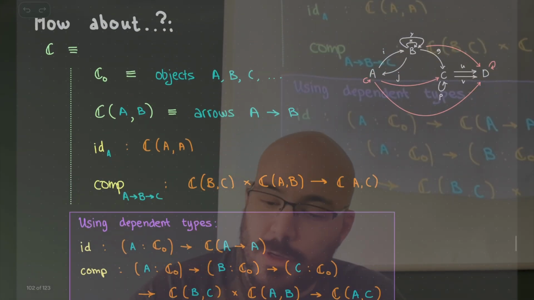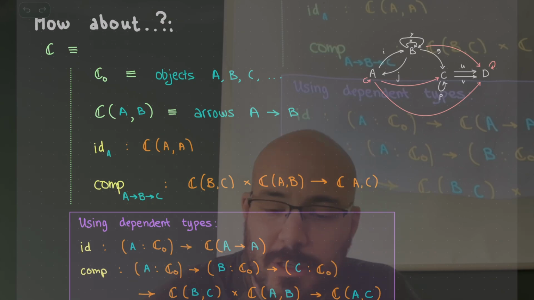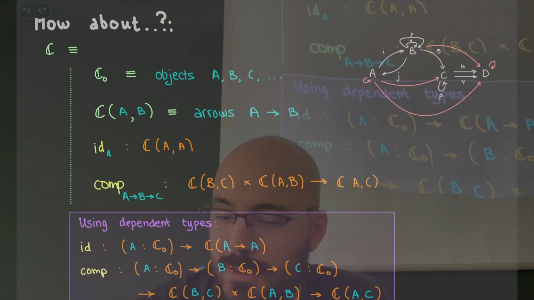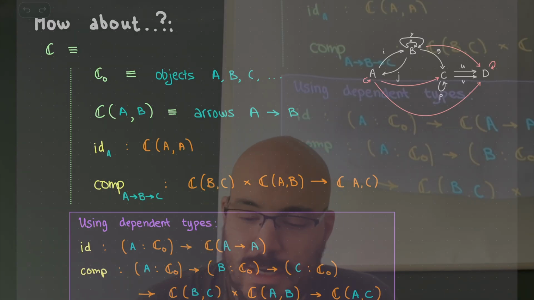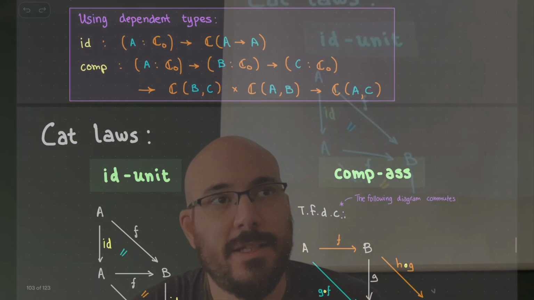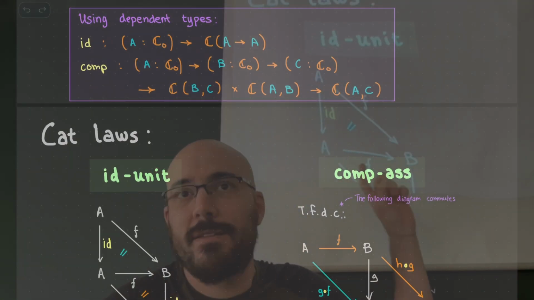But just to remind you what's going on, in a category I have objects and I have arrows, and they are required to satisfy certain laws. Not so many things: each object needs an identity and it needs to behave as an identity. This is the law.